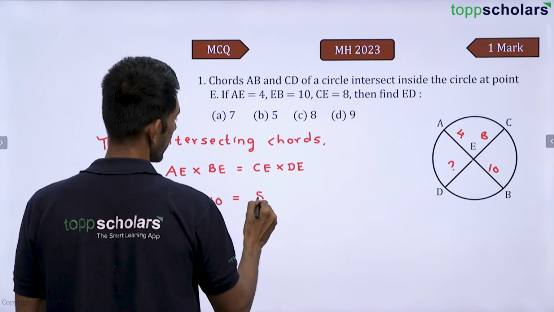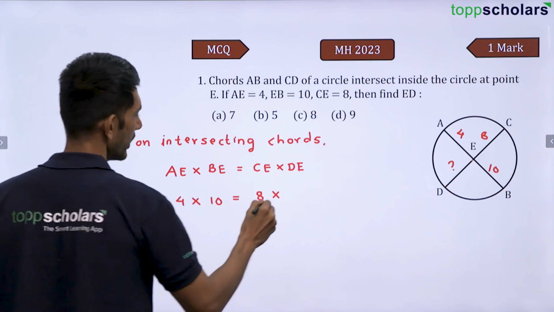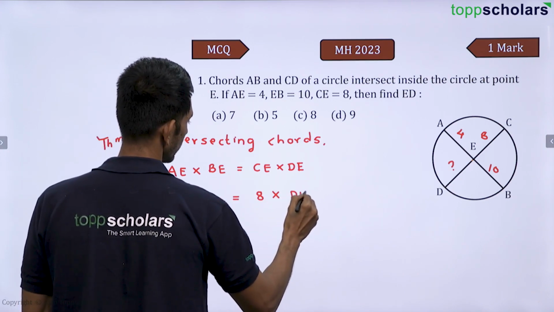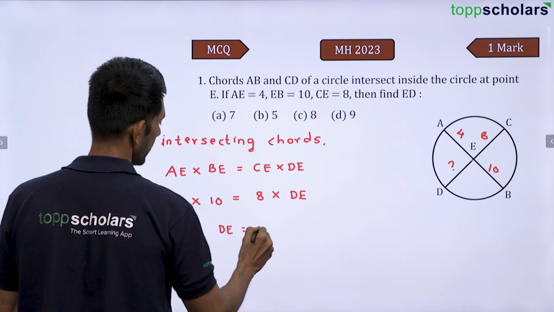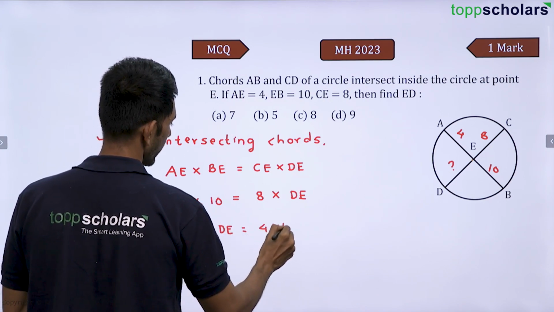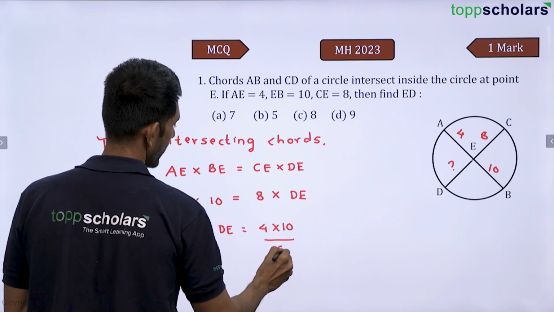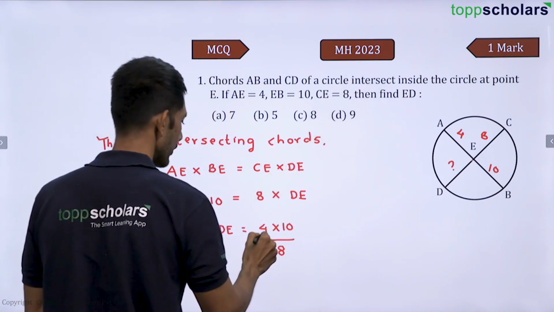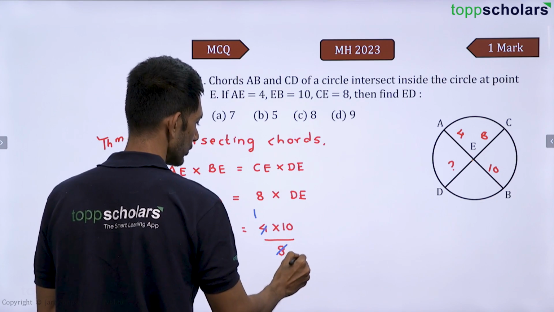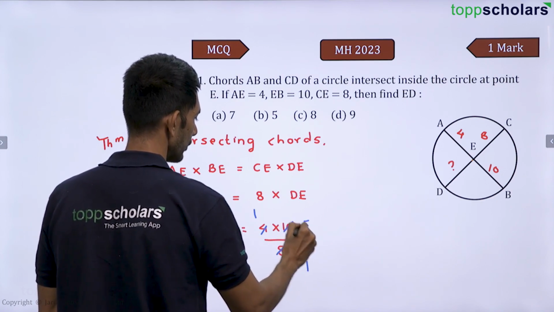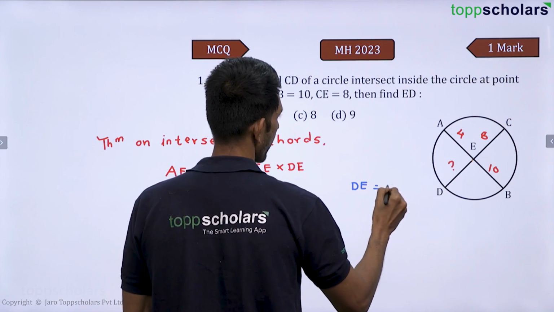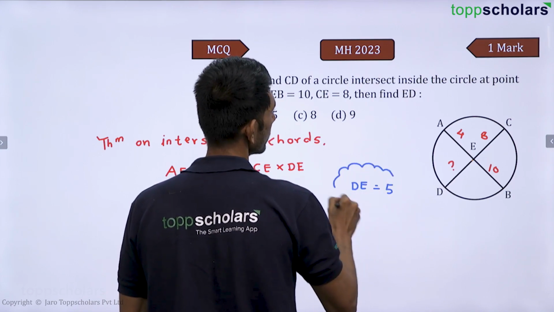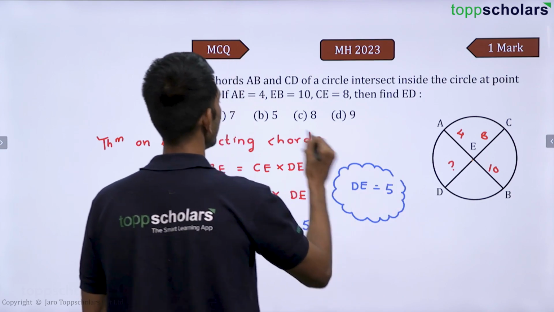CE is how much? 8 into DE. So what will be DE? DE will be equal to 4 into 10 divided by 8. Correct? So that gives you 4 ones are 4, twos are 2, ones are 2, fives are. So we can write down DE is equal to 5. That's it. We got the value of DE.